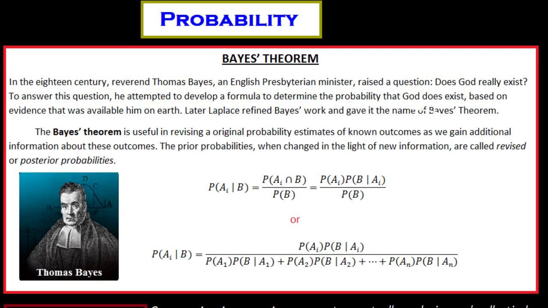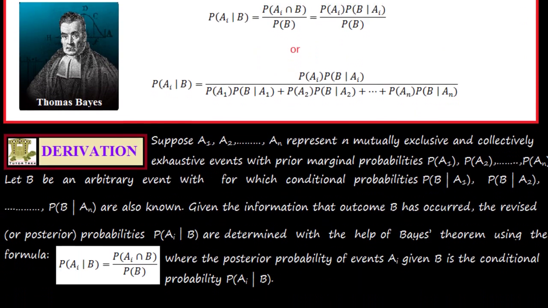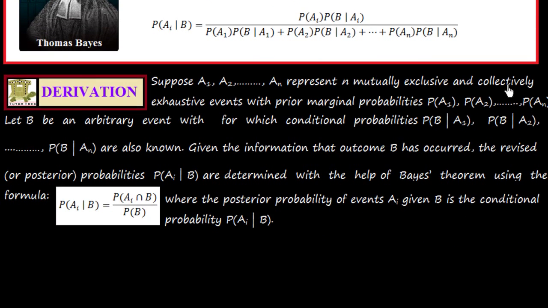So first I would like to explain the derivation of this formula. Suppose A1, A2 up to An represent n mutually exclusive and collectively exhaustive events with prior marginal probabilities P of A1, P of A2 up to P of An.